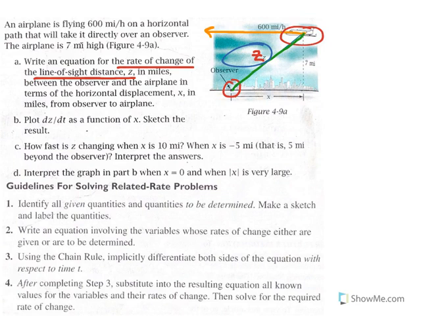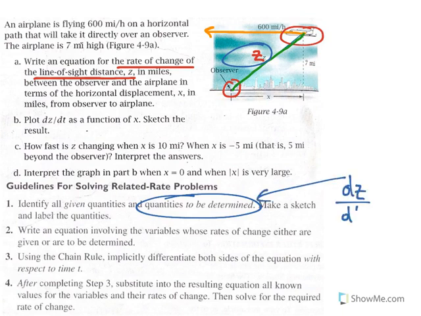So this is what we want to determine. We want to determine dz/dt at a particular instant in time. And as it turns out for this particular problem, dz/dt will be different at different times. And we'll see that. But that's the quantity that we want to determine.